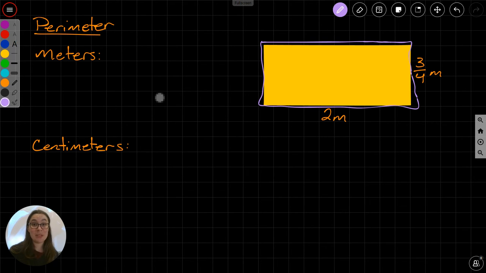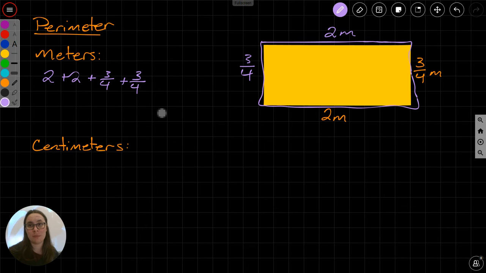Well, I add up the sides. I have 2 sides that are 2 meters and 2 sides that are 3/4 meters. Please do not forget that a rectangle has 4 sides. So to add it all up, I have 2 meters plus 2 meters plus 3/4 meters plus 3/4 meters. 2 and 2, I know that's 4.